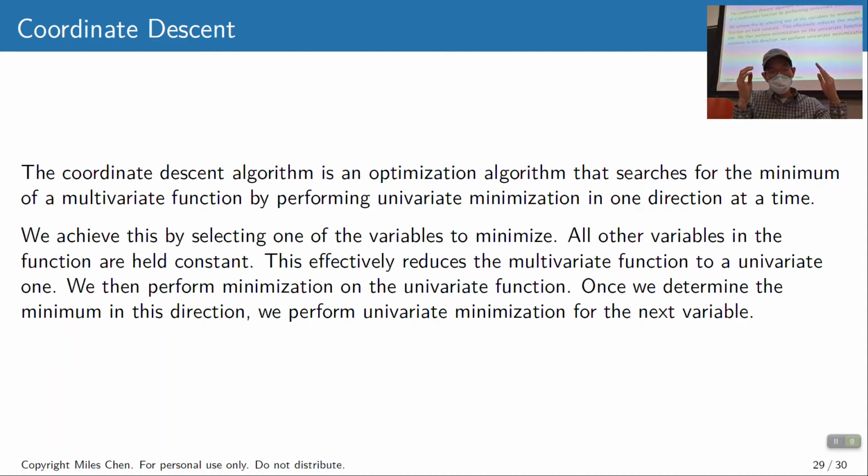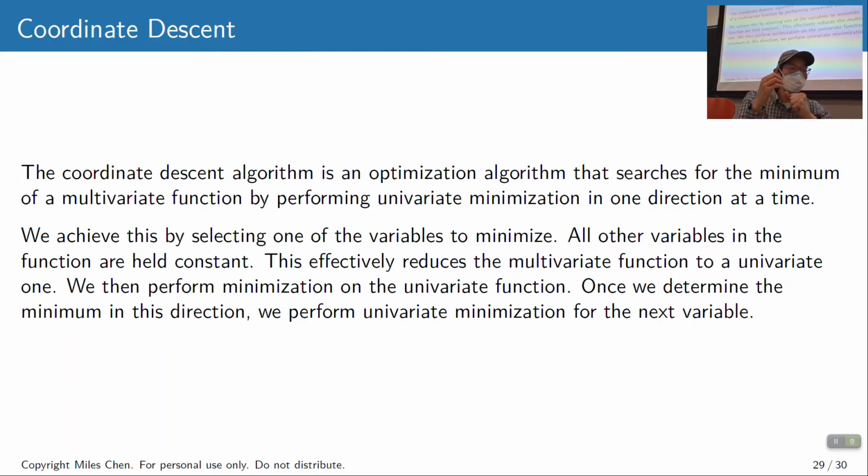And so what we'll do is univariate optimization on one variable at a time. First I hold y constant, so it becomes a function of x, and I find the value of x that minimizes this function. Once I find that value, I hold x constant there, and it becomes a function of y, and I find the value of y that minimizes the function.